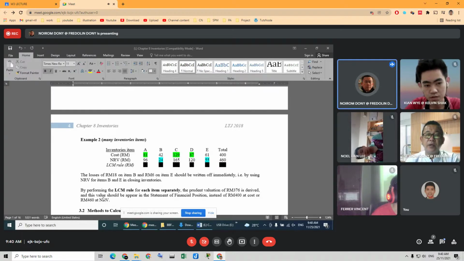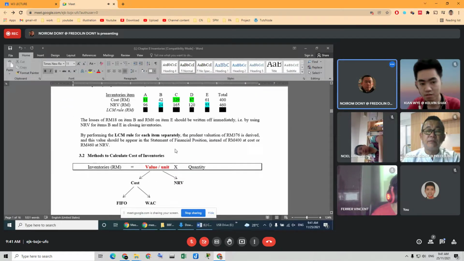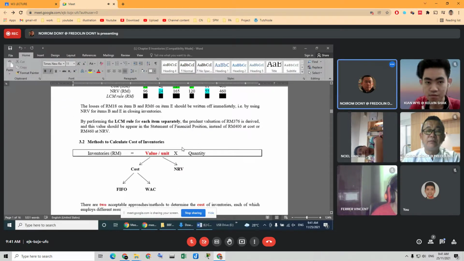This value should appear in the statement of financial position instead of 400 at cost or 460 at NRV. So use 376. Under the prudence concept, we need to use 376. All right, any problem with this?